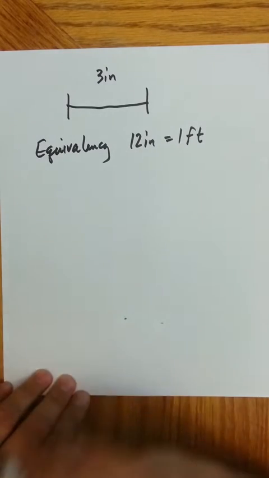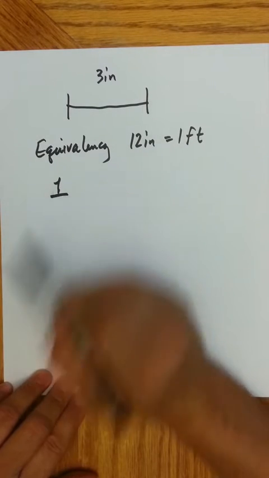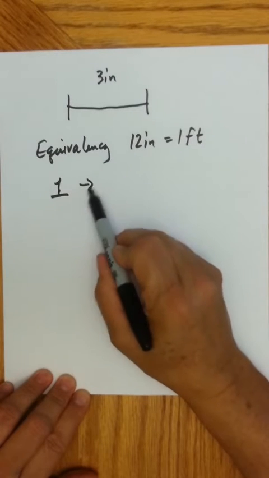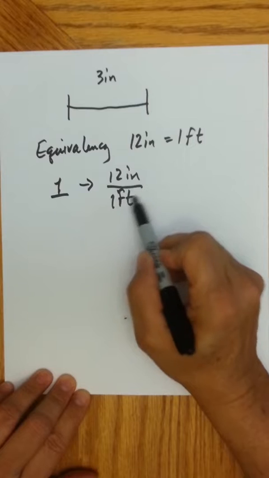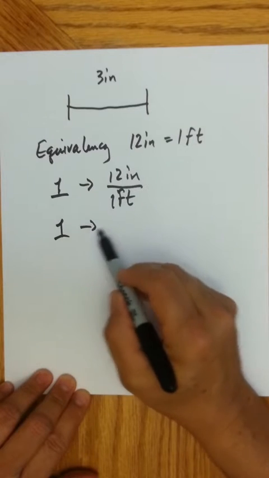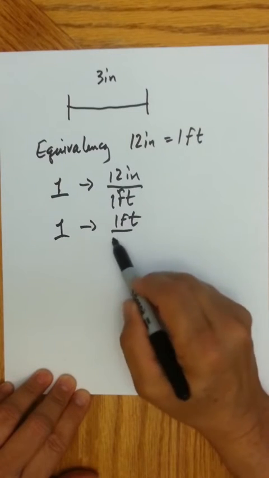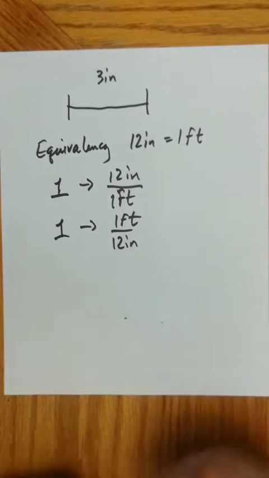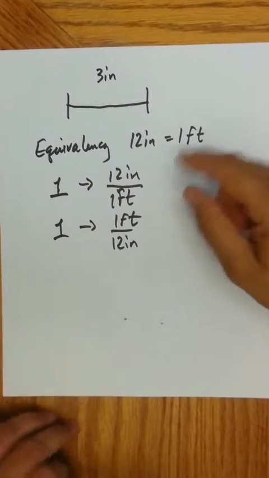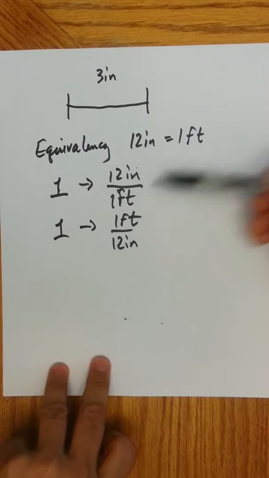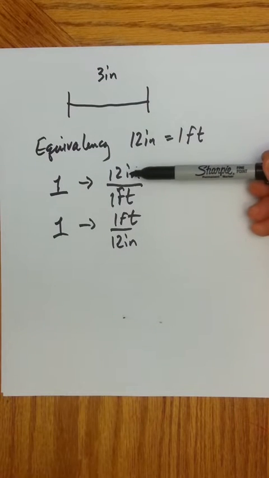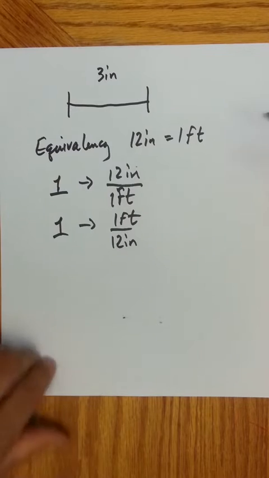So when you multiply by 1, that could be 12 inches divided by 1 foot, or 1 could also be 1 foot divided by 12 inches. Because remember, when I write 12 inches, I'm representing a certain distance, and that distance is the same distance as 1 foot. So the same distance over itself is 1.